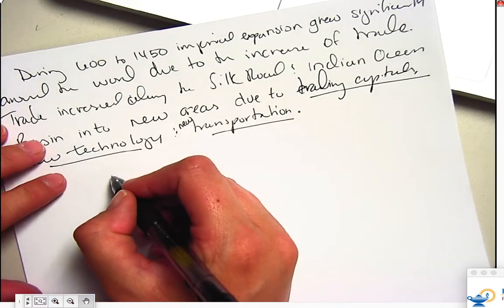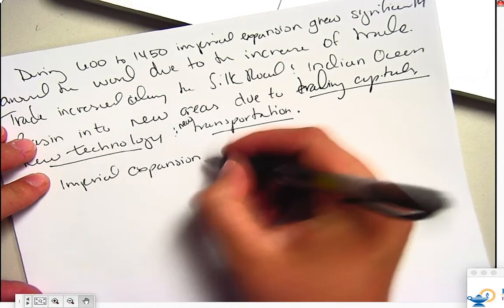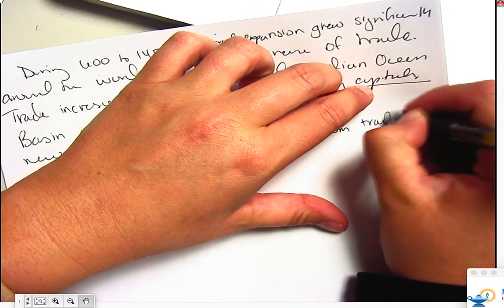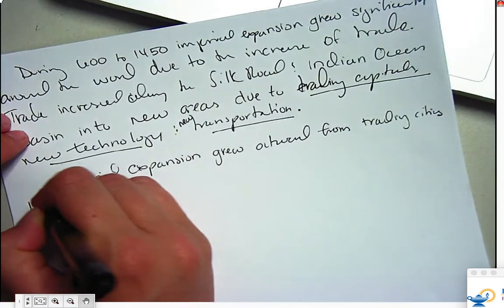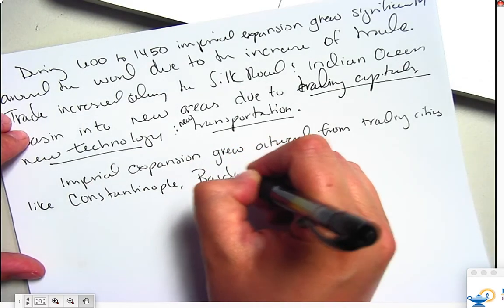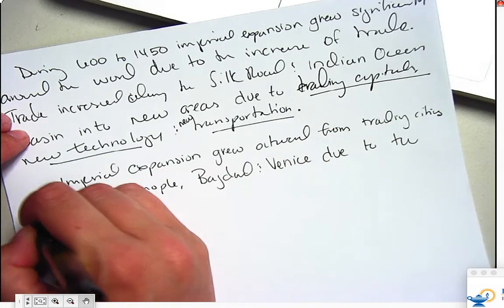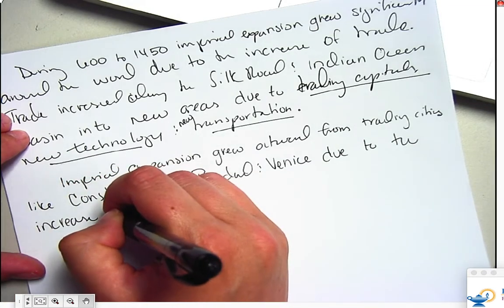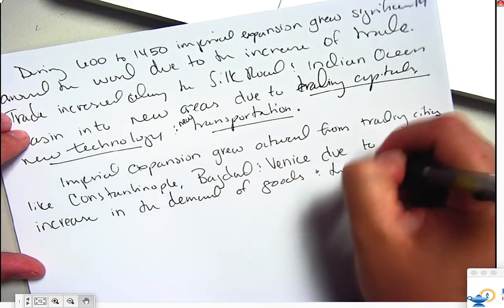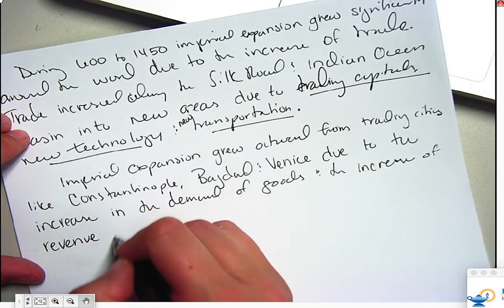So, starting with trading capitals. Imperial expansion grew outward from trading cities like Constantinople, Baghdad, and Venice due to the increase in the demand of goods and the increase in revenue derived from trade.